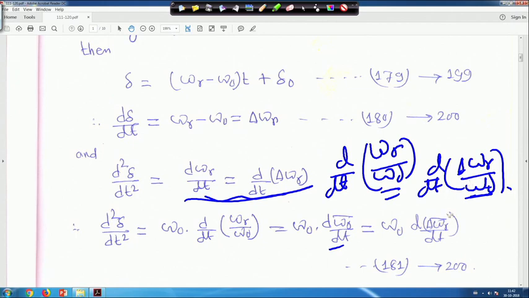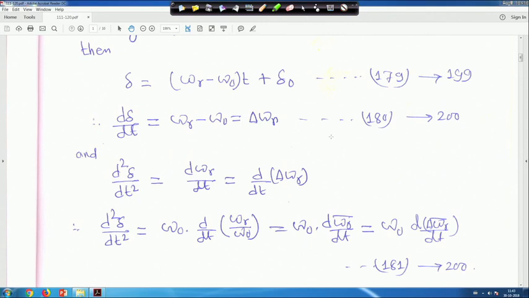So it is d/dt of delta omega_r bar. From this we are writing it, and this is very interesting.